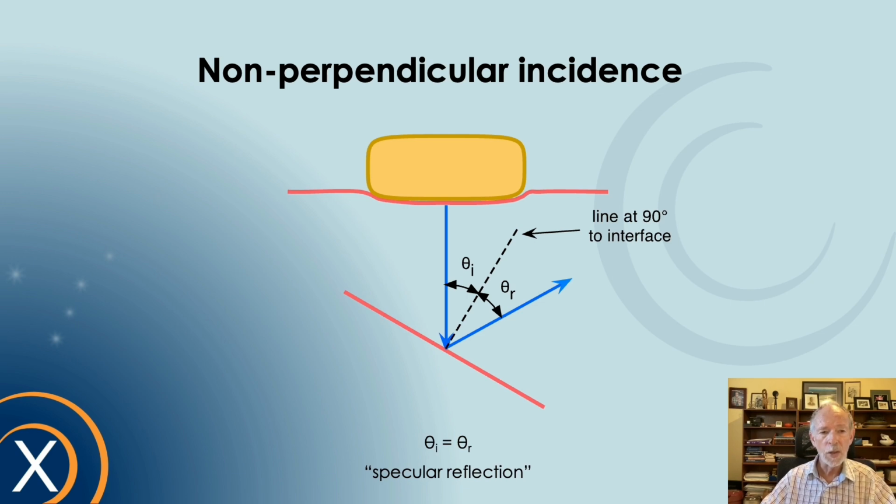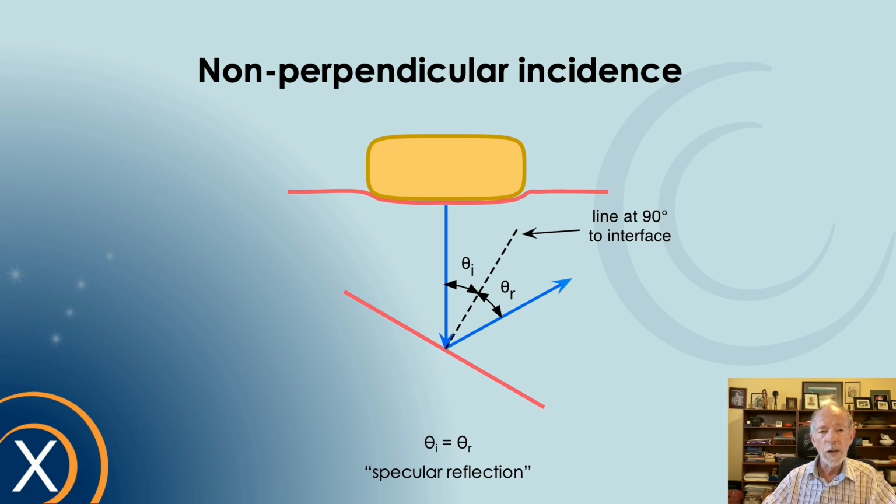Now let's look at the situation where we are not at perpendicular incidence. So the tissue interface is now sloped at some other angle relative to the ultrasound beam. Now what I've shown here is that I have drawn a reference line, the black dotted line, at 90 degrees to the tissue interface. And I'm going to be using that as a reference line.